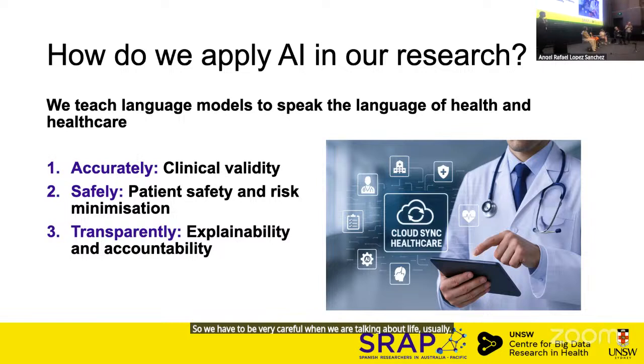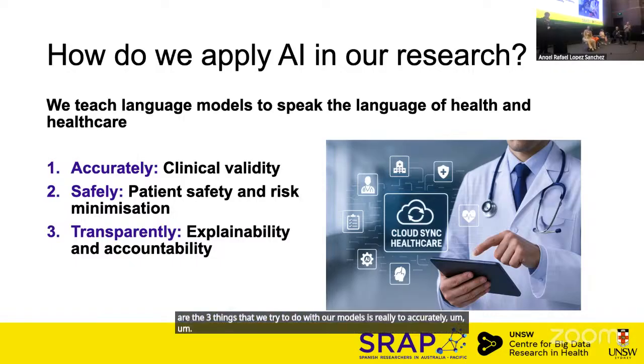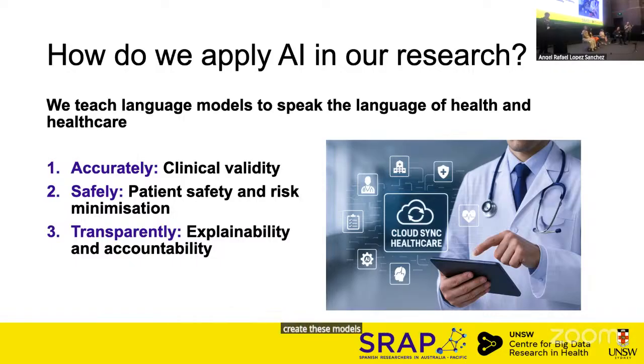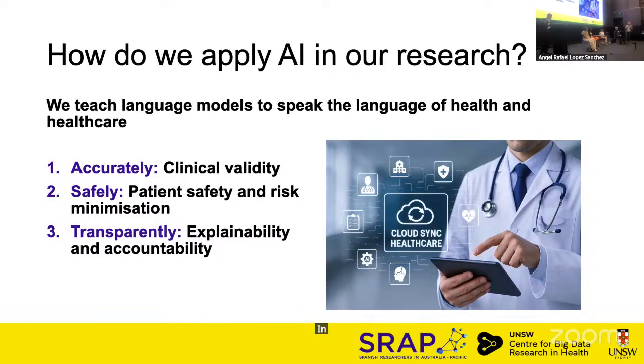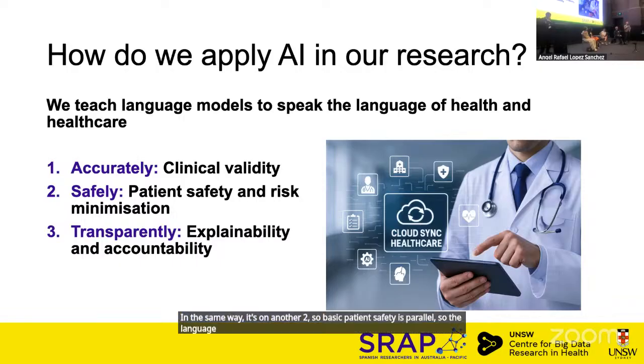So the three things that we try to do with our models is firstly to accurately adapt these models so they reflect factual, evidence-based knowledge. In a safe way, this is point number two, so patient safety is paramount and the language models don't cause harm.